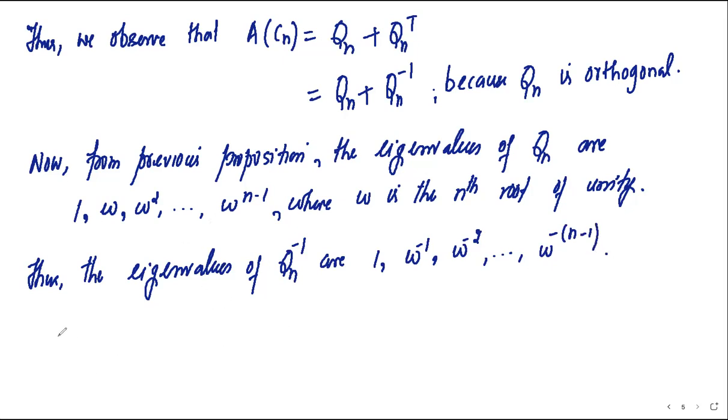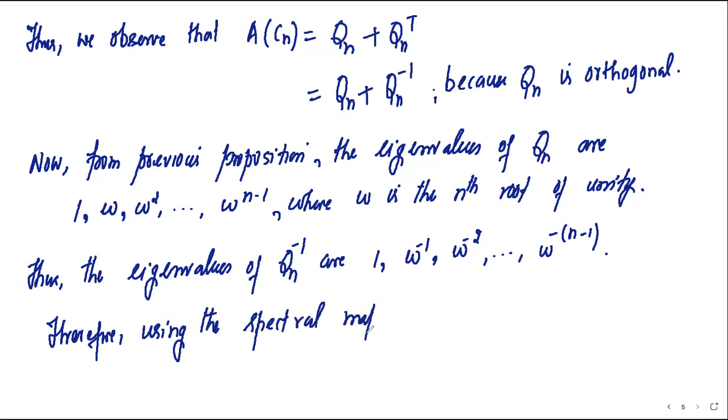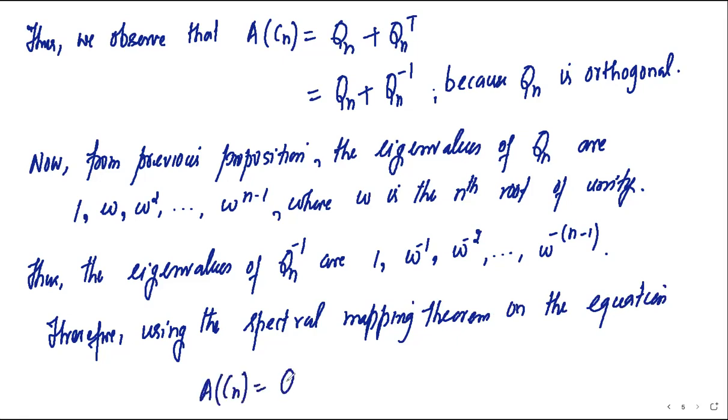So therefore, using the spectral mapping theorem on the equation, adjacency matrix of Cn equal to Qn plus Qn inverse, we will substitute.